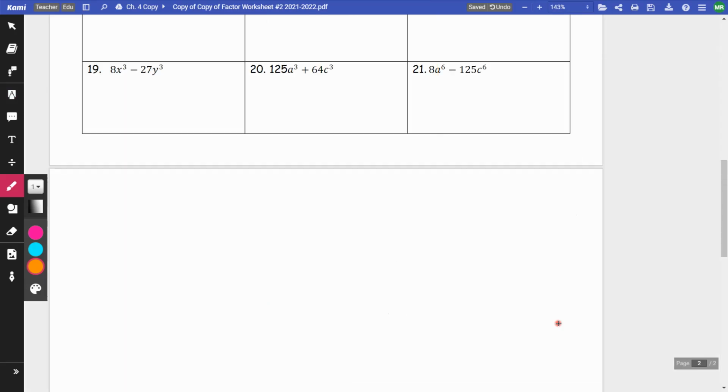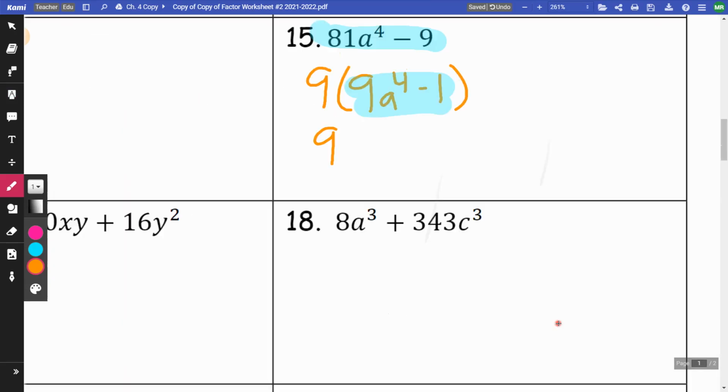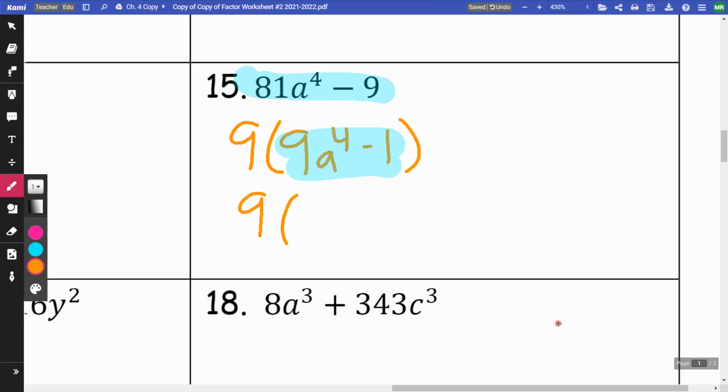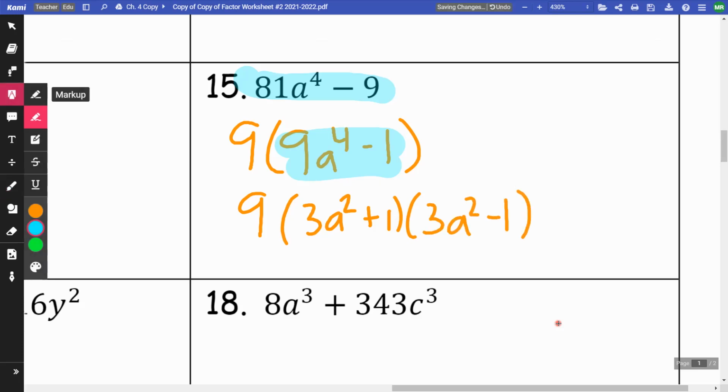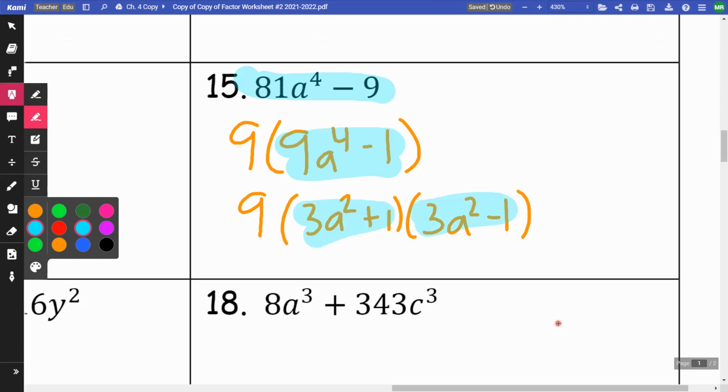So that is going to be a squared plus 1 and a squared minus 1. Now, these particular ones, I cannot factor further because 3 is not a square, okay? And the one with the plus, I cannot factor further. So hopefully that helps a little bit. If you need more, let me know.